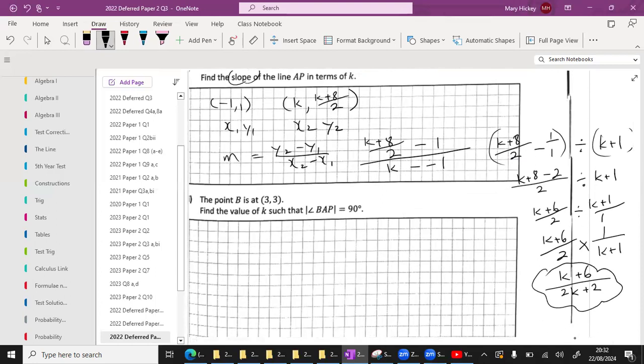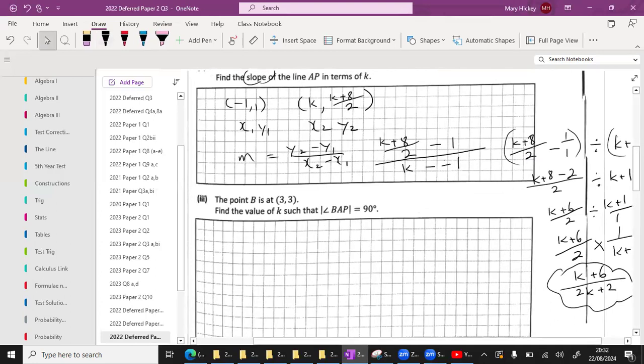Now, next part, the point B is at (3, 3). Find the value of k such that the angle BAP is 90. Okay, now BAP, so if you kind of think about it, and we're told the angle's 90, so it must kind of look like this.